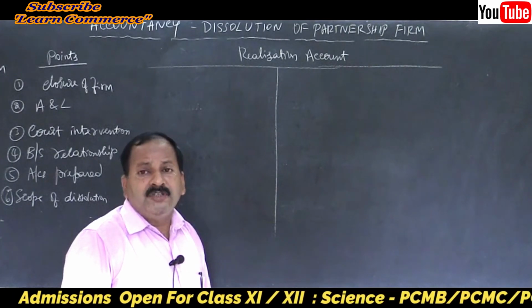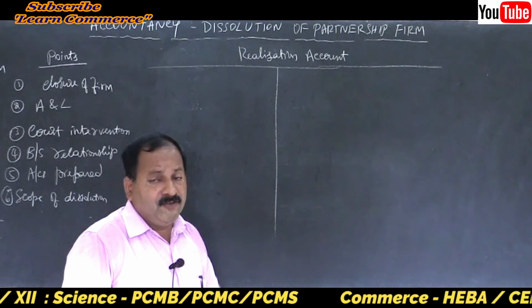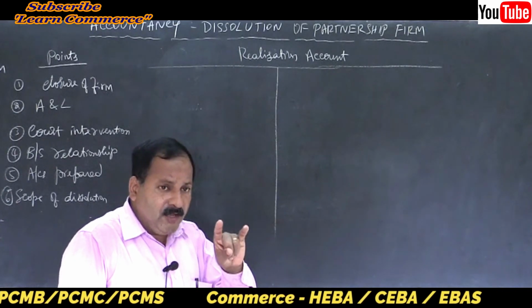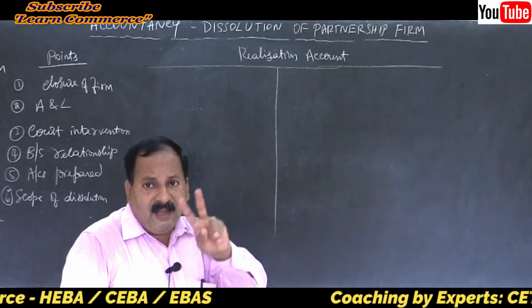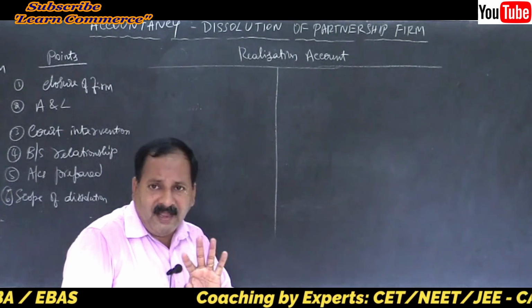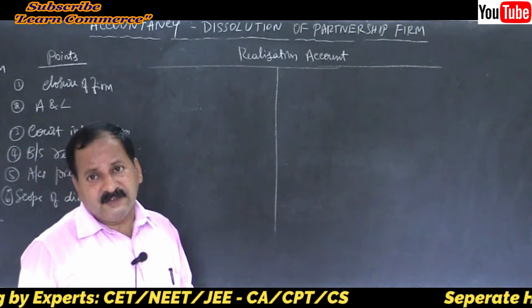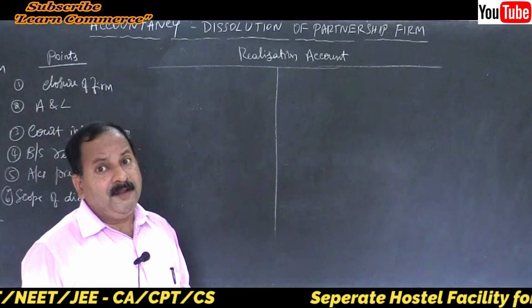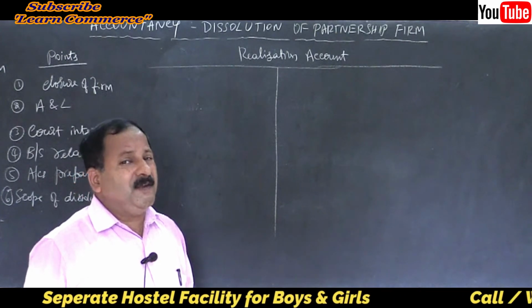And if both are there, then you are free to pass any entry, but either cash entries only or bank entries only you have to pass. The other balance you have to transfer to cash or bank, as the case may be. So that is how you will prepare. And partners loan, that should be tackled separately.